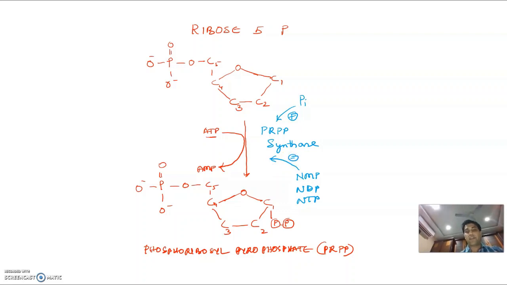There is one more thing which inhibits this step, that is the 2,3-BPG of the Rapoport-Luebering cycle. This also inhibits the enzyme PRPP synthase. This you need to remember, it can be an MCQ bit. 2,3-BPG from the Rapoport-Luebering cycle inside the RBCs also inhibits PRPP synthase.